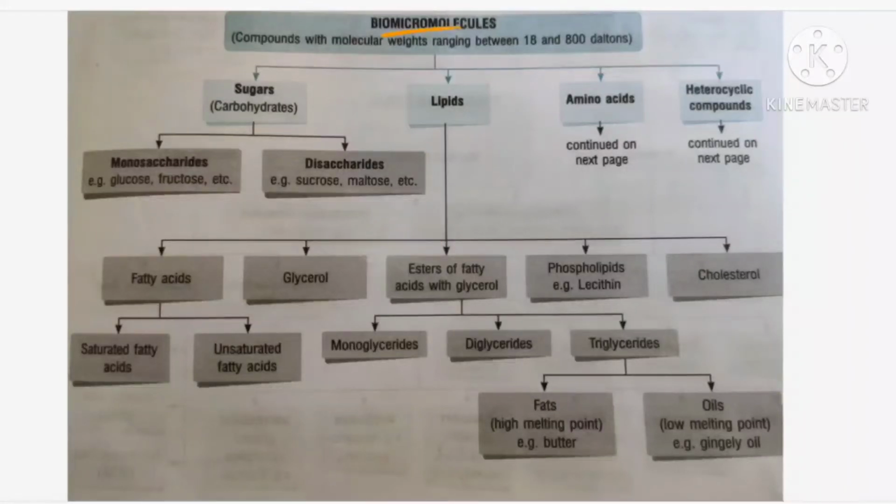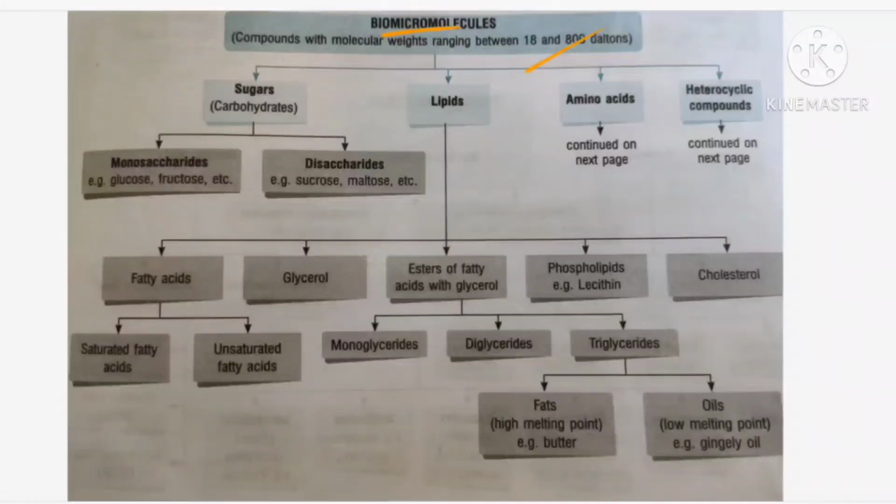When you look at these micromolecules, the weight of these molecules will be around 18 to 800 daltons. Some will be a bit heavier and others a bit lighter. Biomicromolecules are smaller units compared to the macro, and they are not that heavy.